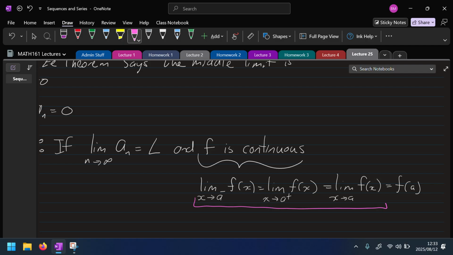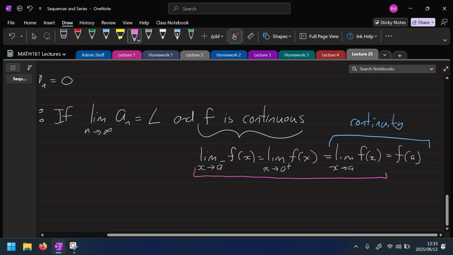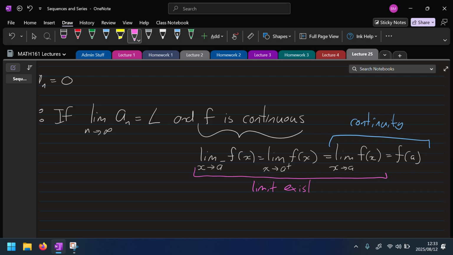So the left and the right limits exist. That means the limit exists. And then this blue part means it's continuous. So the blue part is continuity, the pink part is the limits exist. And continuity, you see, mixes the two there.